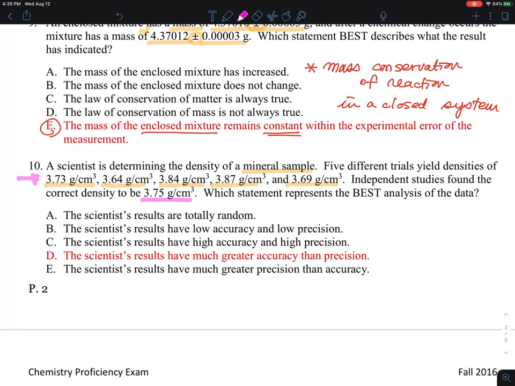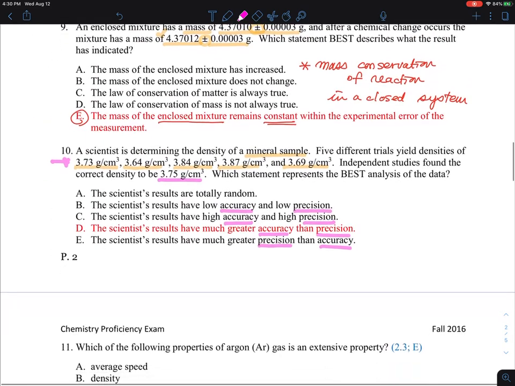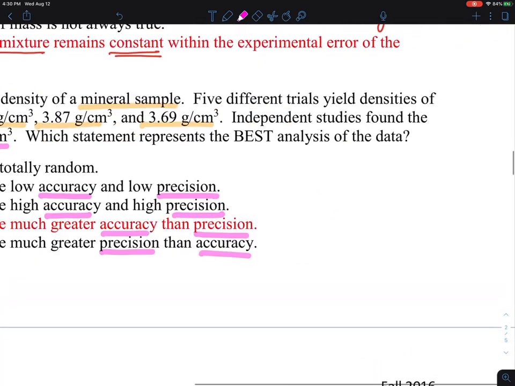When you start to see this, the words accuracy and precision come up repeated many times, and obviously they want to know the difference between accuracy and precision. So I'm going to draw a little diagram here, okay?